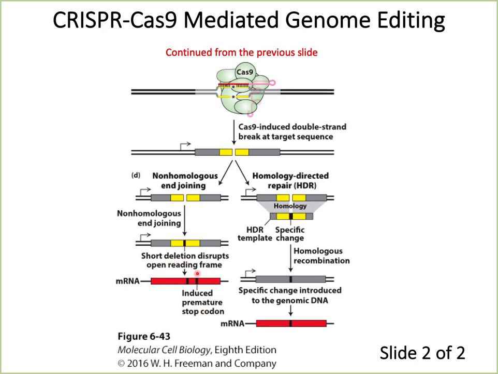It will probably stop at a stop codon found earlier, and that gene is now silenced because none of these mRNAs will produce any functional protein. So this is just the CRISPR-Cas9, to delete a few sequences, to disrupt the gene sequence, to make a non-functional mutation. This is one process.